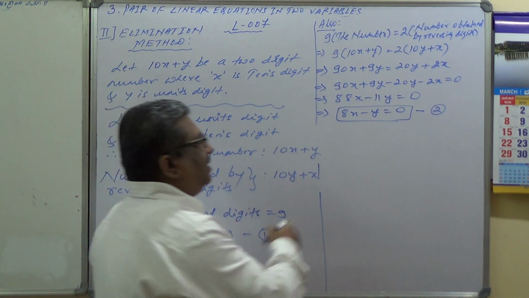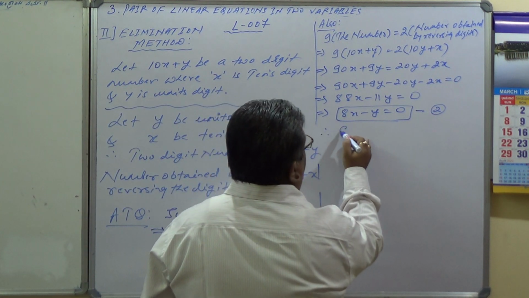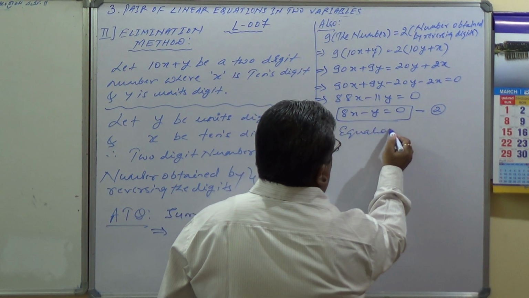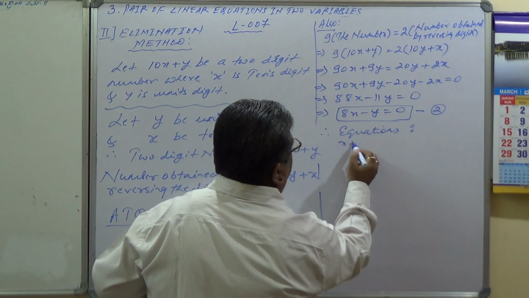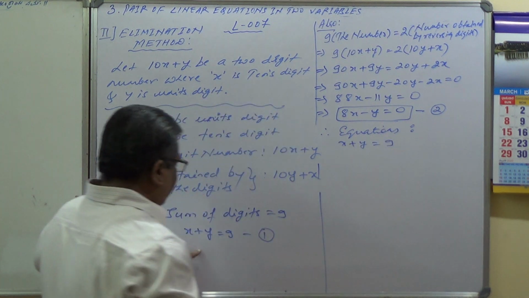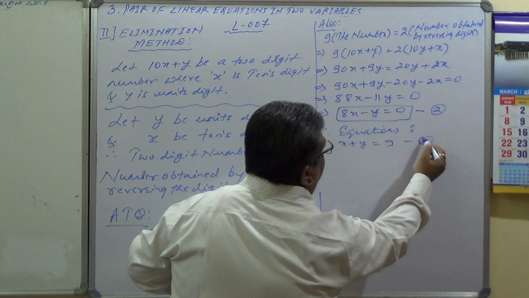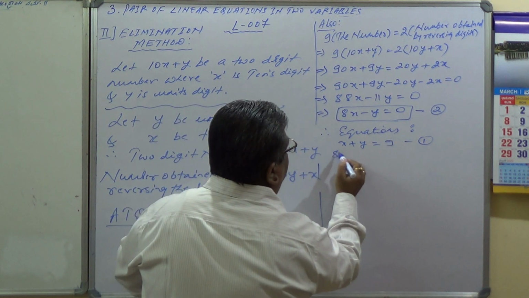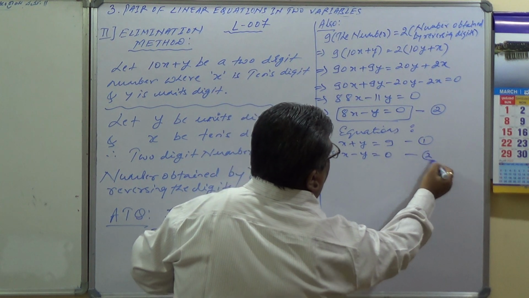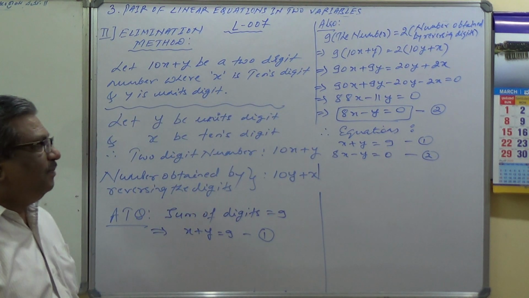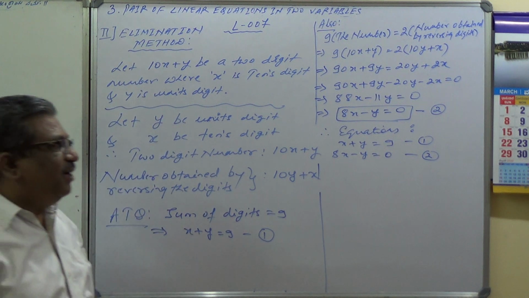So therefore I write the equations. Equations are x plus y equals 9, which is equation number 1, and the second equation is 8x minus y equals 0. We have to solve it by the elimination method.